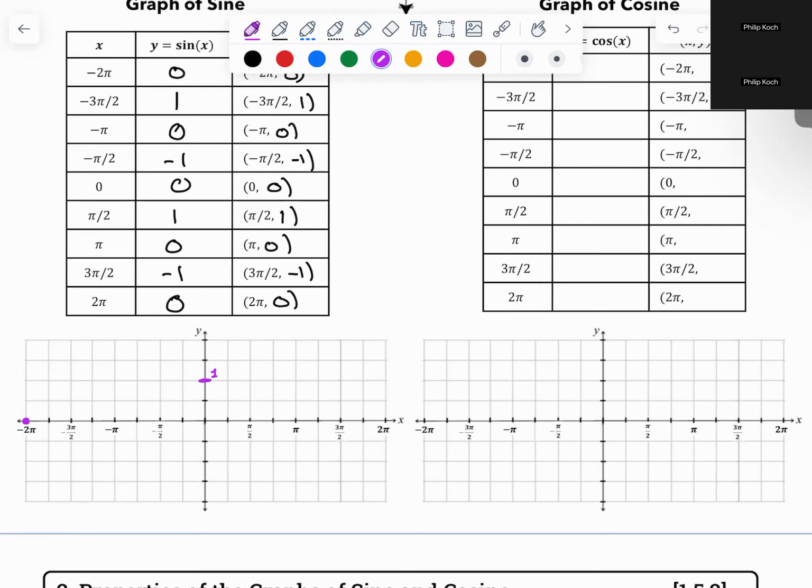So then it'll go up to 1 right there. Then at negative pi, it's 0. Negative pi over 2, it's negative 1. Then 0, then 1, then 0 at pi, then negative 1 at 3 pi over 2, and then 0 at 2 pi.